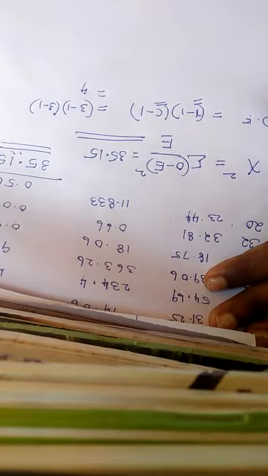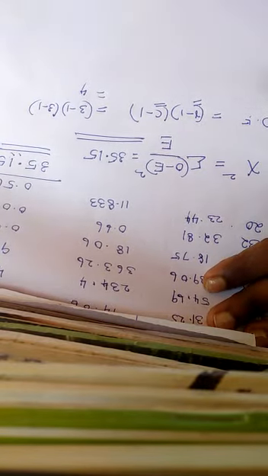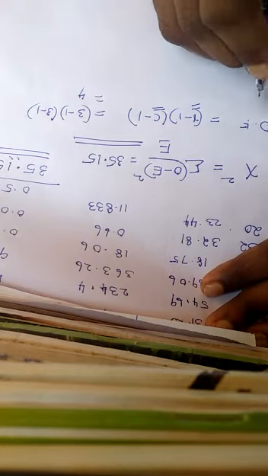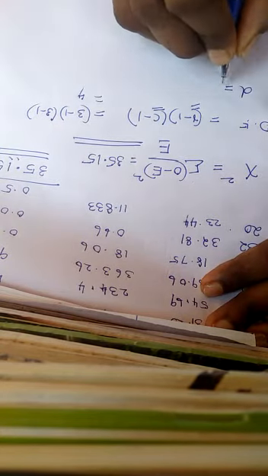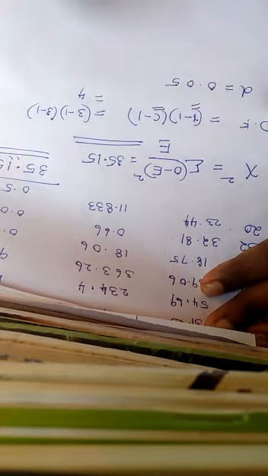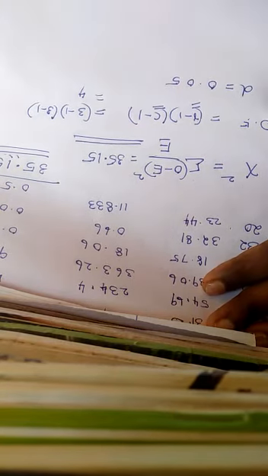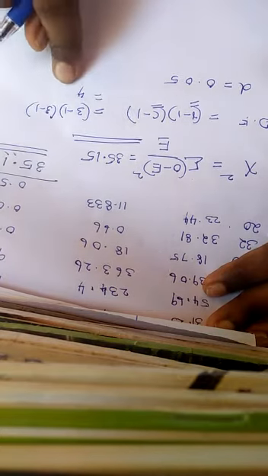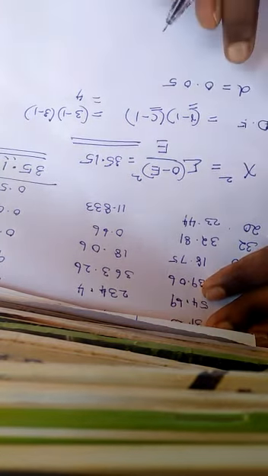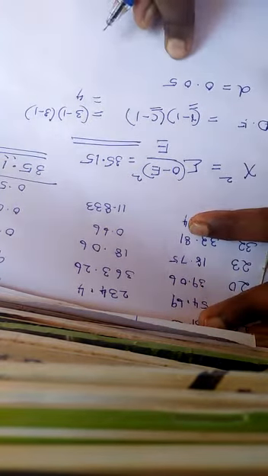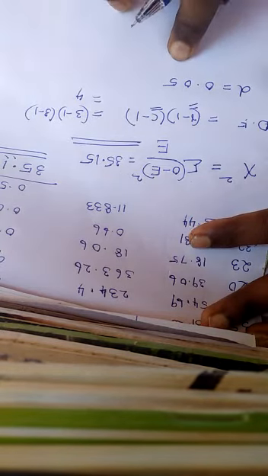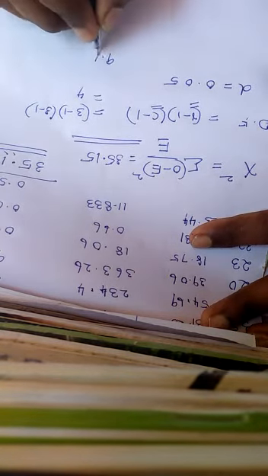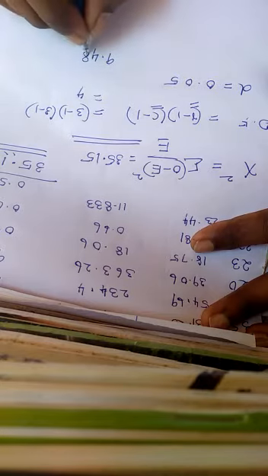Here the level of significance wasn't given, so we can take the level of significance alpha equal to 0.05. Next you take the chi-square table, degree of freedom 4 and the corresponding level of significance 0.05. That value is 9.488.